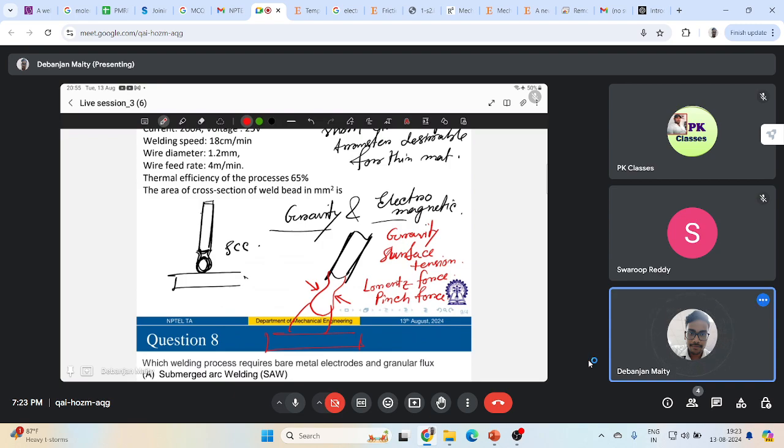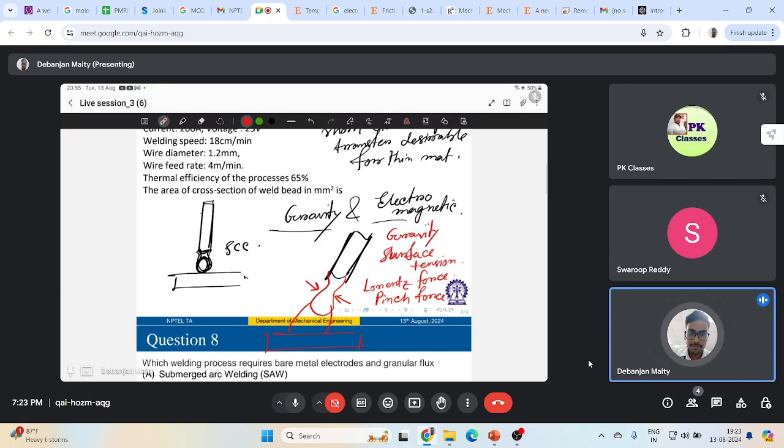You know, the electromagnetic force, known also as the Lorentz force, as I was saying, is always set up due to the interaction of the electric current with its own magnetic field, as you know. And this force acts in the direction of the current, right?